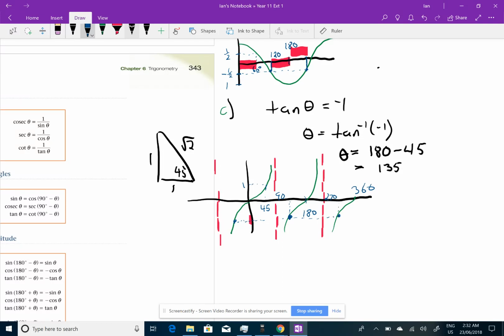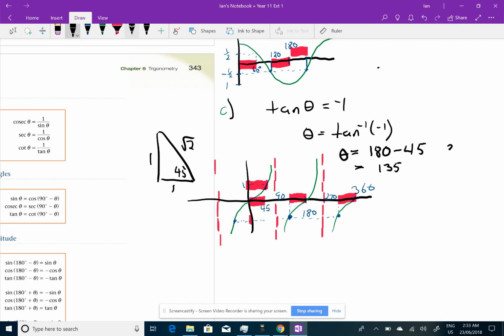But there's another one up here for the domain that we have, which is 0 to 360. Now where is that? Now, that distance is the same as that distance. It's easy if you look up there. You can see it really obviously there. Which is the same as this distance. Okay, so I go back from 360.